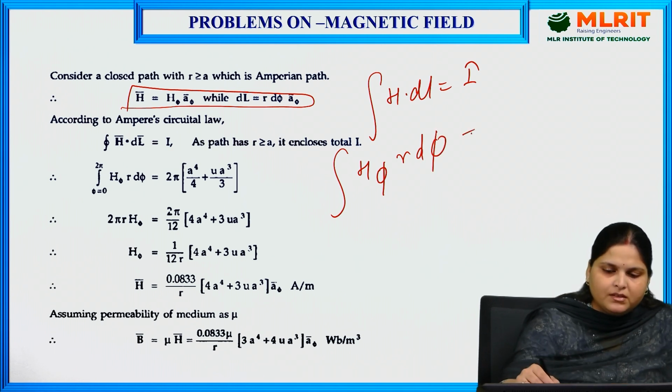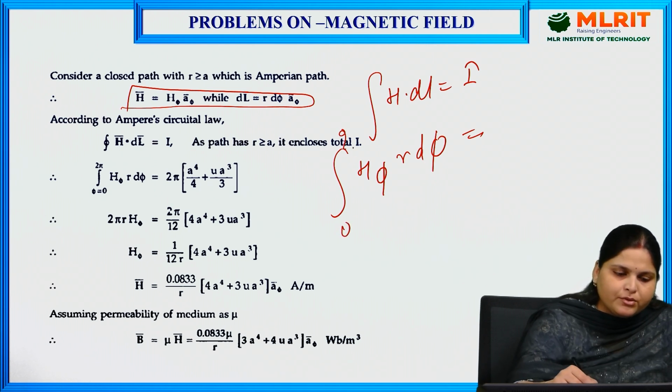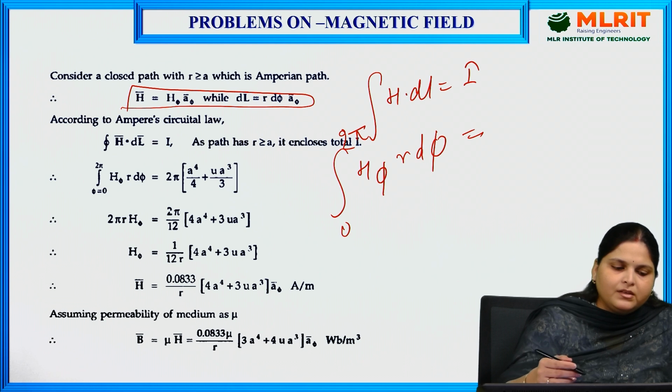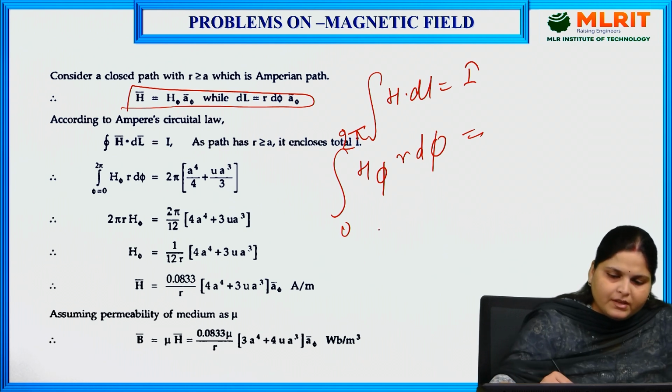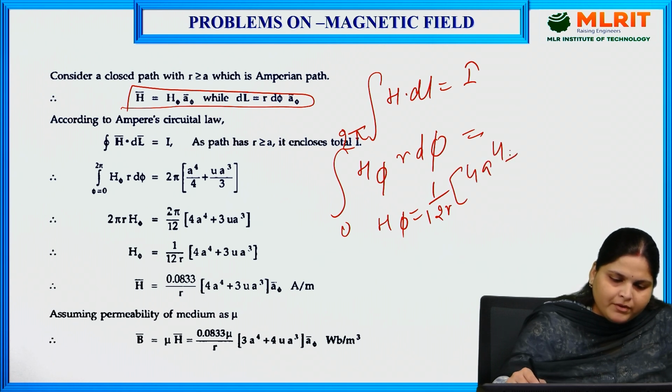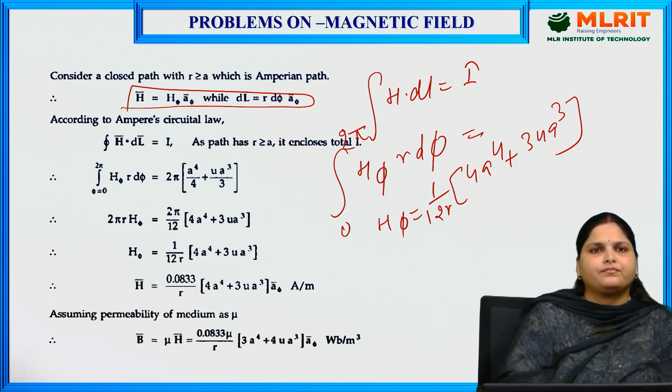Because the integration is with respect to phi, the limit will be 0 to 2 pi, and on further solving we get H phi equals 1 upon 12r (4a to the power 4 plus 3ua cube).